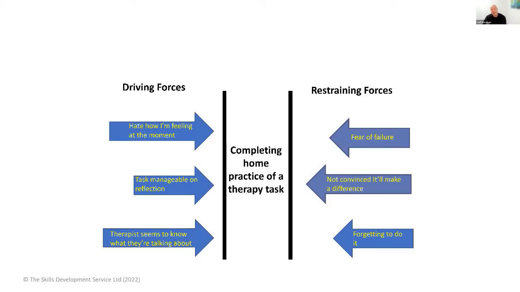We could also potentially spend some time with the client looking at past failures and looking at how they're survivable. In other words, they're not catastrophic. Now, again, none of those are guaranteed to have a result, but you can see how the aim of those things is to help to shrink the individual's perception of the size of that particular restraining force.